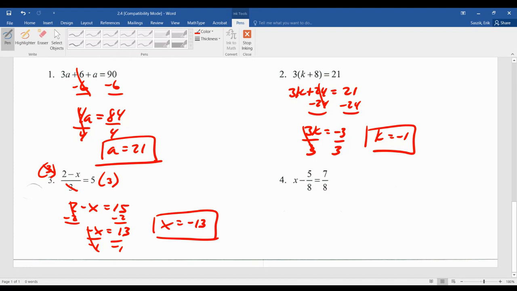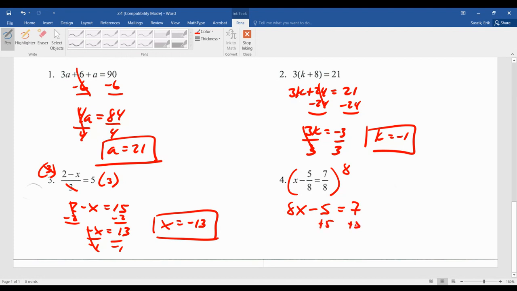Okay. There's a couple different ways to do this one. I think to be consistent with what I was teaching you before, the idea of clearing out the fractions. So the denominator is 8, so I'm just going to multiply the whole thing by 8. 8 times x is 8x. 8 times 5 is 40. 40 divided by 8 is 5. 8 times 7 is 56. 56 divided by 8 is 7.